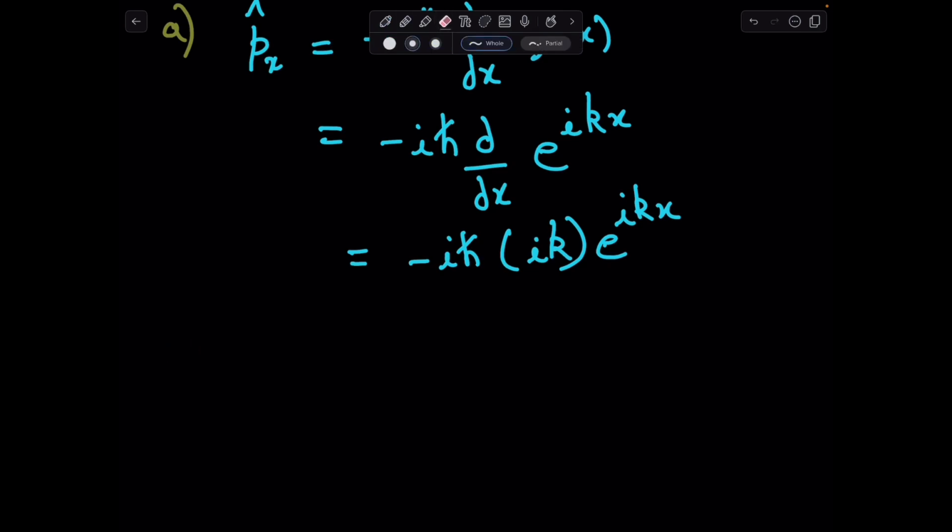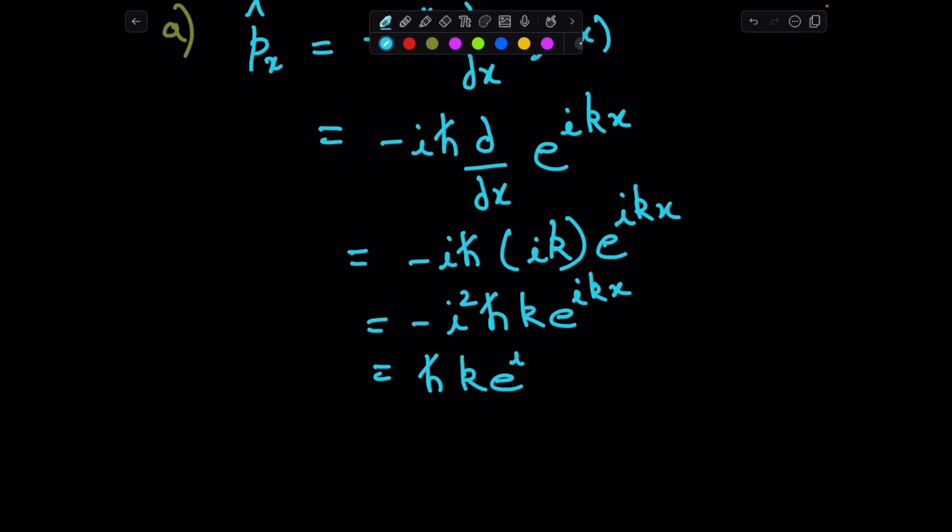Plugging this value, we get negative of i squared h cross k e to the power ikx. i squared is -1, so negative of -1 is positive, so we get h cross k e to the power ikx.